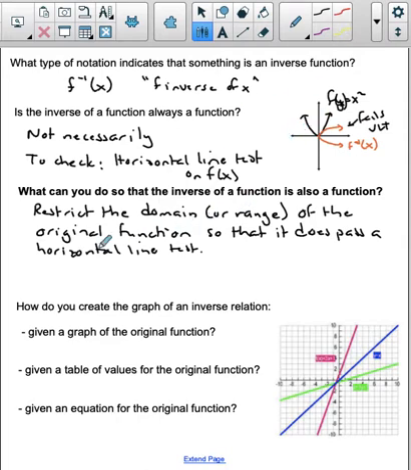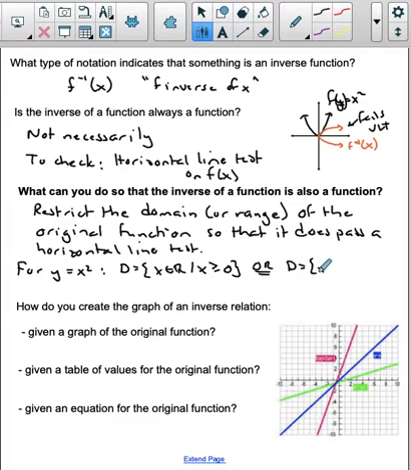So for y equals x squared, we would want to say that we're only going to think about the domain that is either to the right or to the left of the 0. So x is greater than or equal to 0, or x is less than or equal to 0.